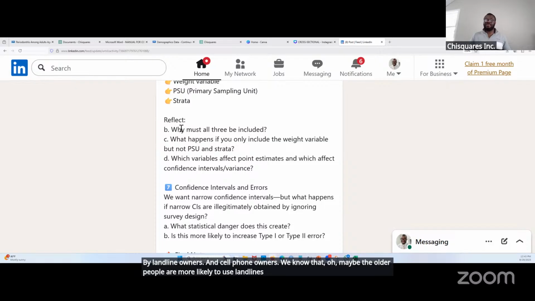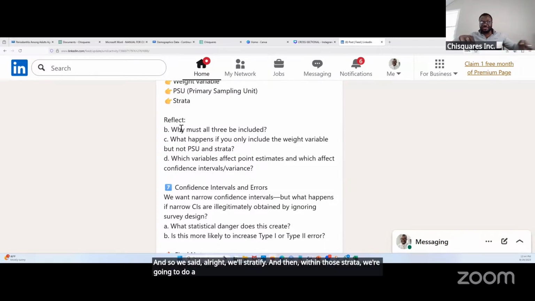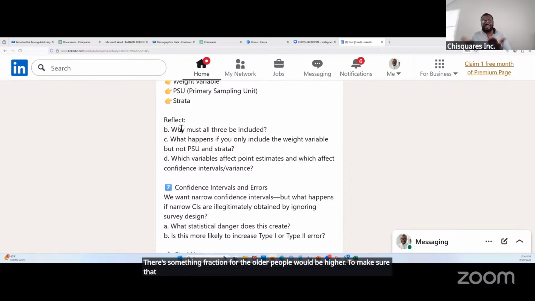Then within those strata, we do a simple random sample. So we stratified, and we set the sampling fraction for the older people to be higher to make sure that there are enough of them in the study.